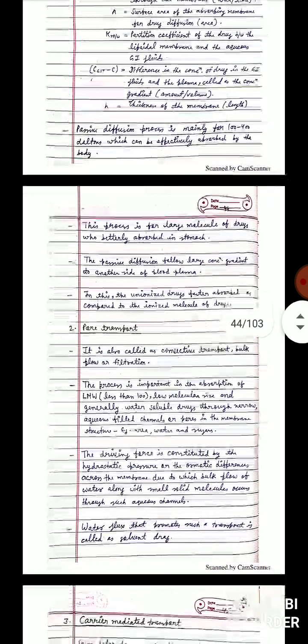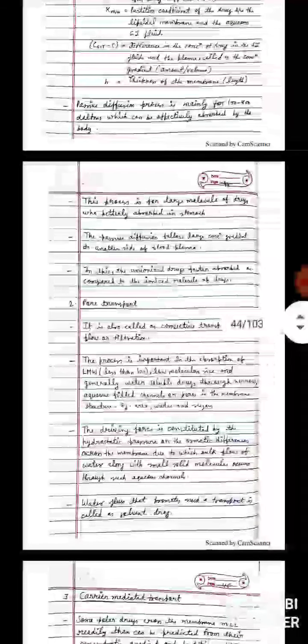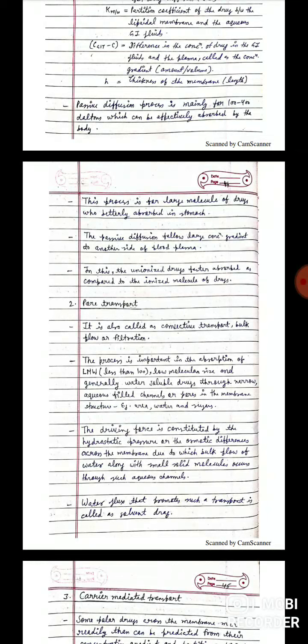The second one is pore transport. Pore transport is a convective transport, bulk flow, or filtration. This mechanism is responsible for the transport of molecules into the cell through the protein channels present in the cell membrane, and generally it occurs by solvent drag force. What is solvent drag force? The force by which water flux could promote the transport of a drug is known as solvent drag.